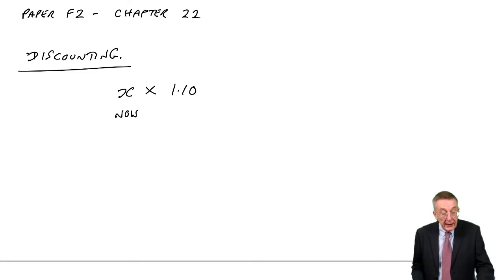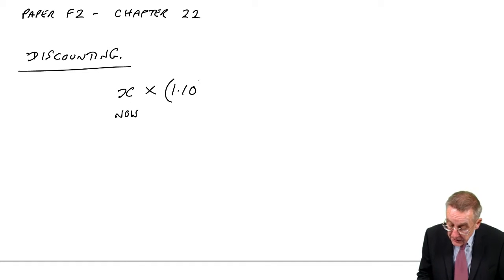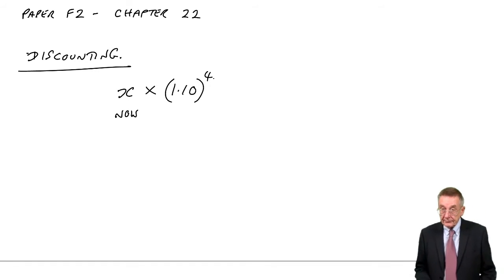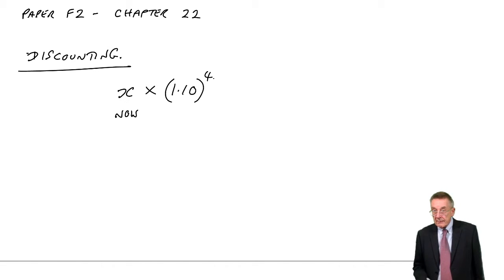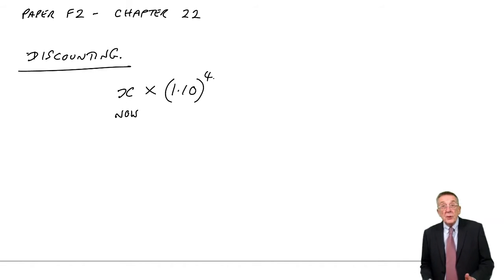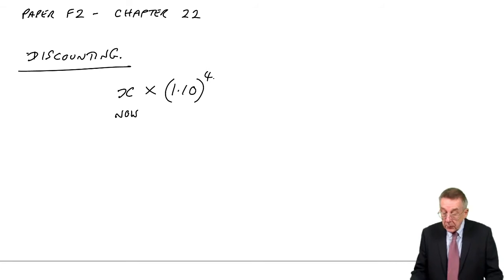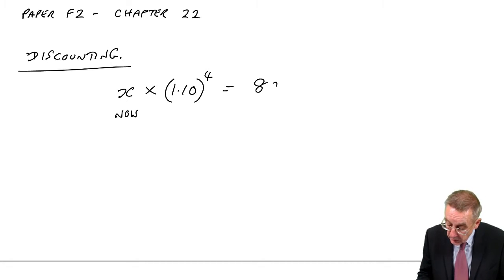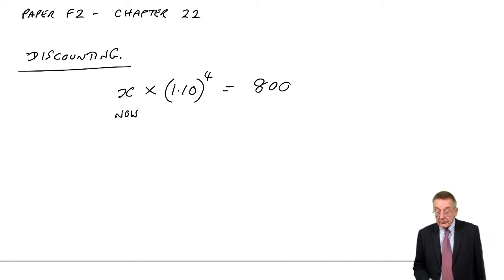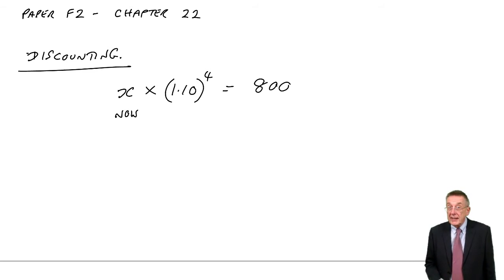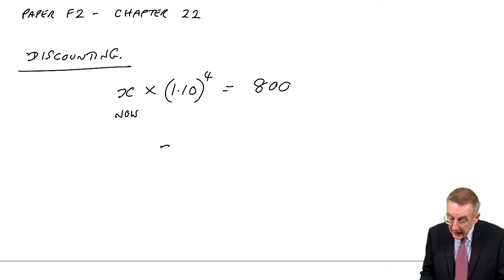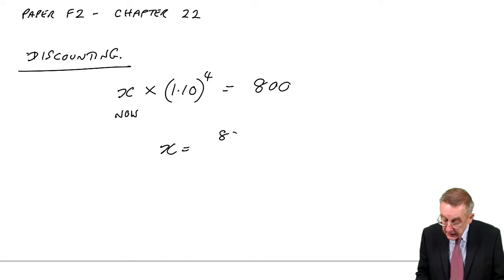And we do that every year for a total here of 4 years, so to the power 4. And here, of course, we know what we want to end up with. We want to end up with 800. And so how much would we need to deposit now? X equals 800 divided by 1.10 to the power 4.